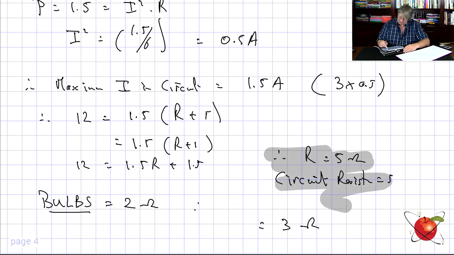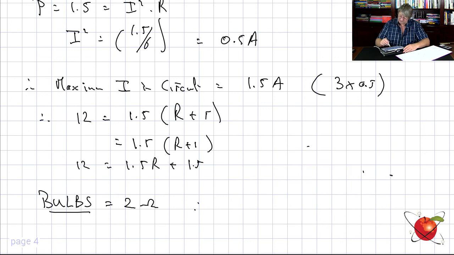Resistance is 7. This R here is going to be, therefore, R is equal to 7 ohms. I did the division there incorrectly. I was just doing it in my head. I didn't look at my sheet. So what have I got? The circuit resistance is 7. The total is 8, but I've already accounted for him there, haven't I?